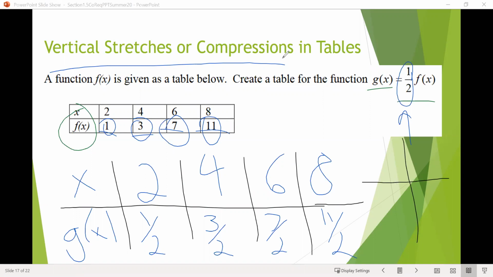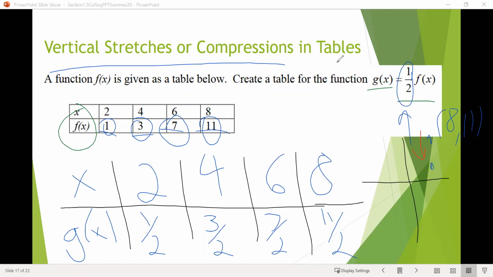And just as we did before, let's visualize what's going on here. And this time I'm going to use the point (8, 11). Because that 1/2 is on the outside and it is less than 1, this is going to compress the point vertically, so kind of smush it down.